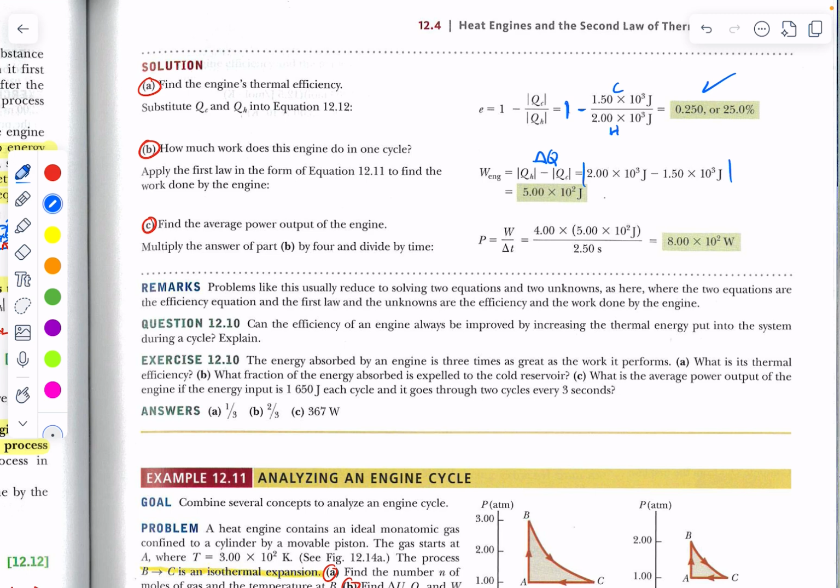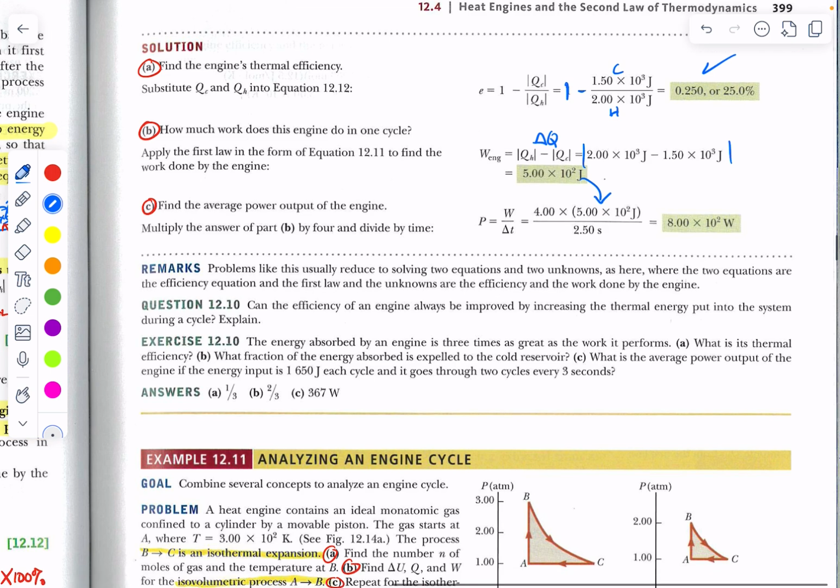And so finally, when we find the power output, if we remember that work equals force times distance, and this is a 4-cycle engine, and we're doing this in 2.5 seconds, we can calculate the wattage: 800 watts. You're familiar maybe with a 100 watt light bulb, which uses 100 joules of energy per second. Well, this is using 800 joules of energy per second.